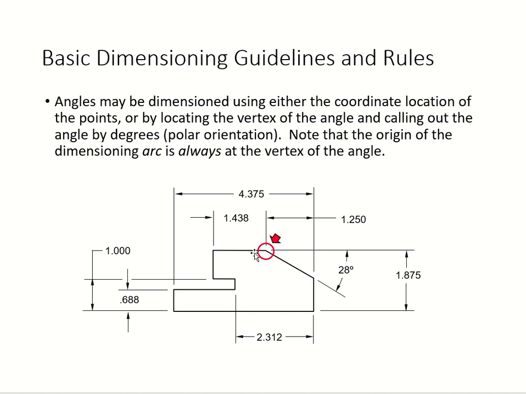The next one is your angle. So angle, you can dimension. Make sure you use either coordinate location of the points or by locating the vertex of the angle, calling out the angle by degree, either polar orientation or you can do a vertex right here, here, here, and then here is your angle.